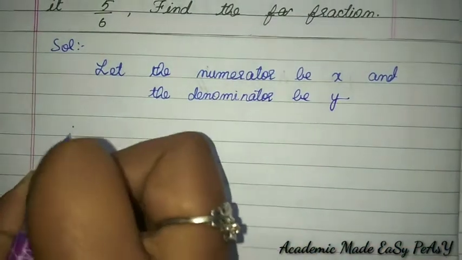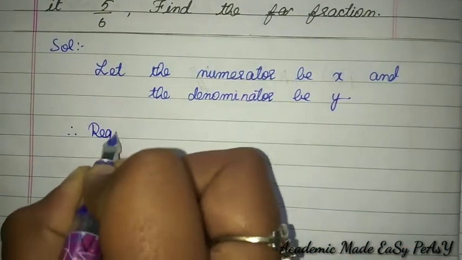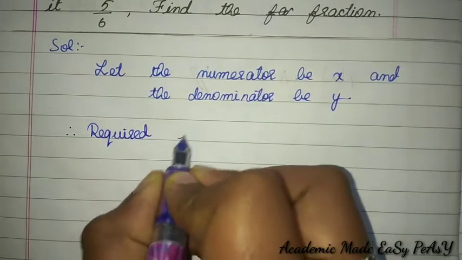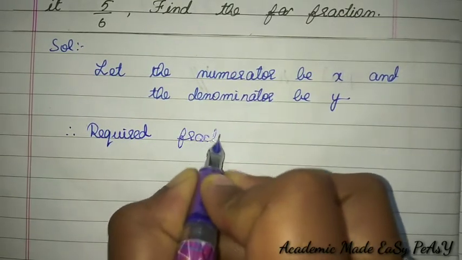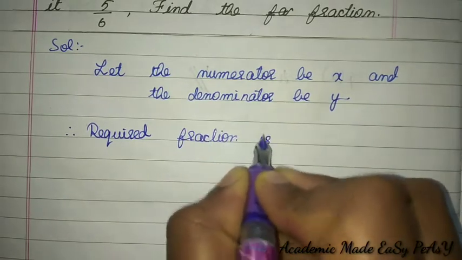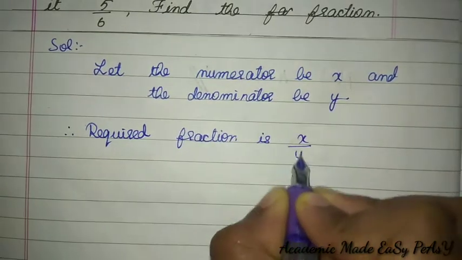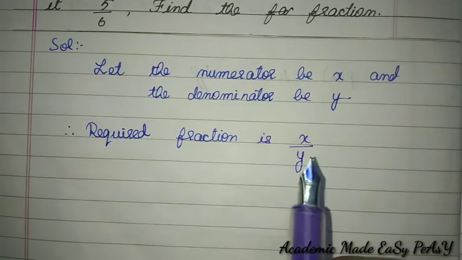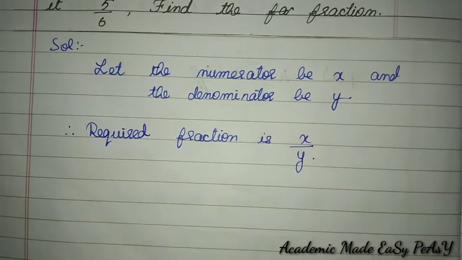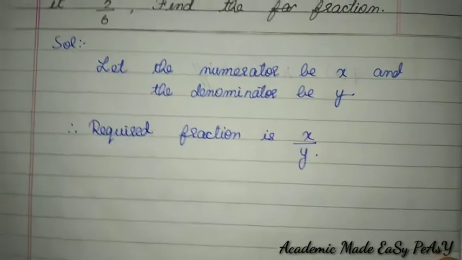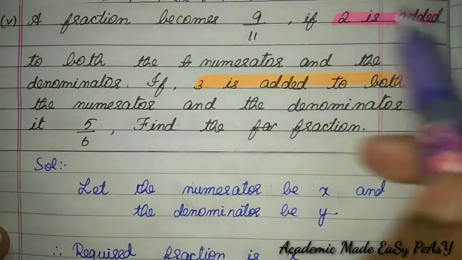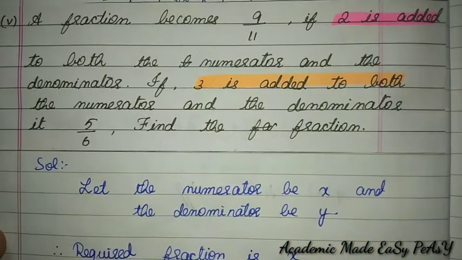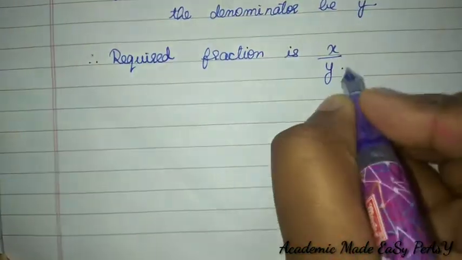Okay, so therefore the required fraction is x by y in the final answer. So this is the original fraction. So according to the first condition, what is given here is that if 2 is added to both numerator and denominator, it is 9 by 11.